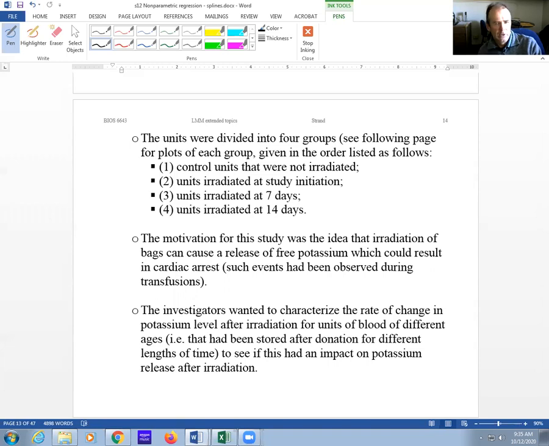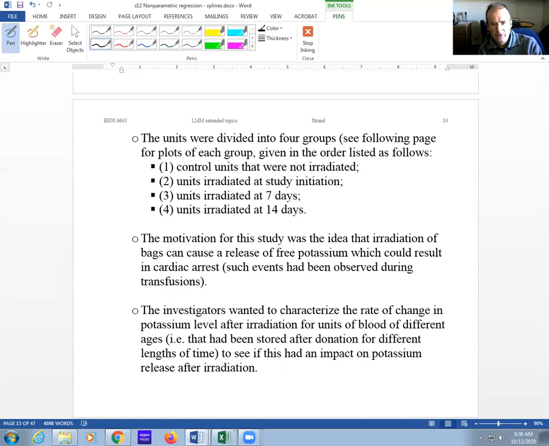So we're going to look at potassium level on the y-axis and then time on the x-axis. And we have a point where we know or we expect a change. So this is an example where we're not searching for the knot. We know where the knot's going to be.